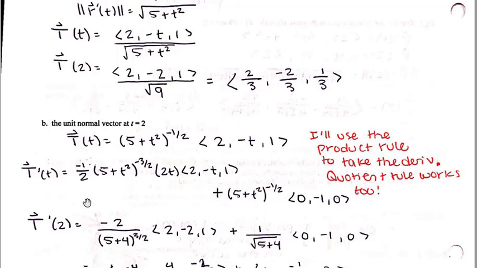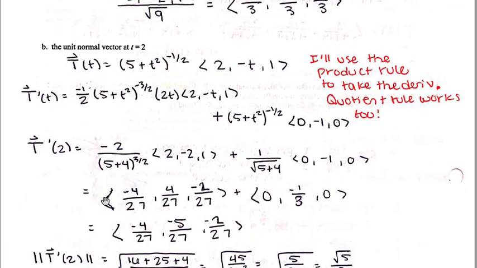Now, since I am just looking for the unit normal vector at t equals 2, I do not need to take the magnitude of this in general. I don't need to move on past this. There's nothing more than the unit normal vector that I need. So I'm going to go ahead and plug in T prime of 2. That way, when I evaluate the magnitude, I'm not taking the magnitude of this really long and gross function.